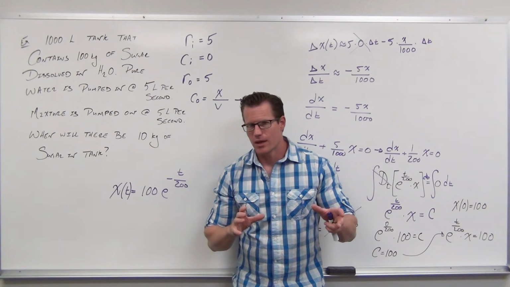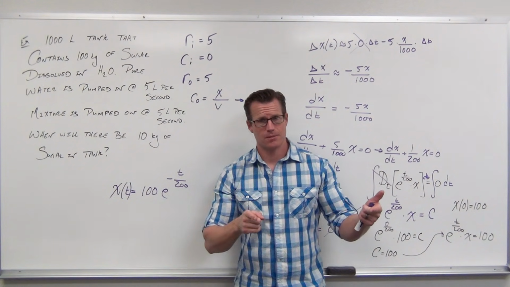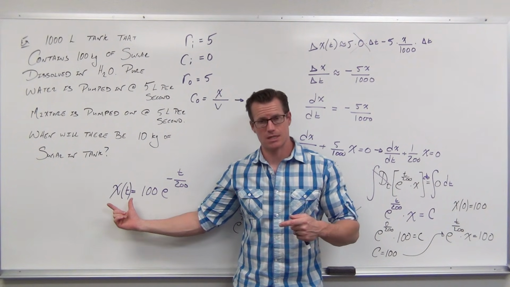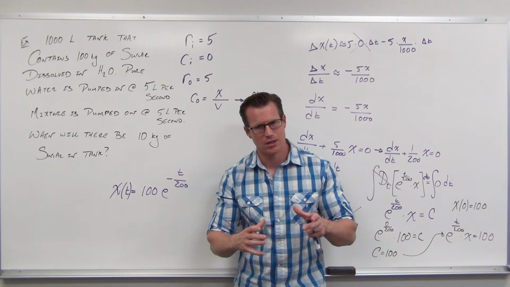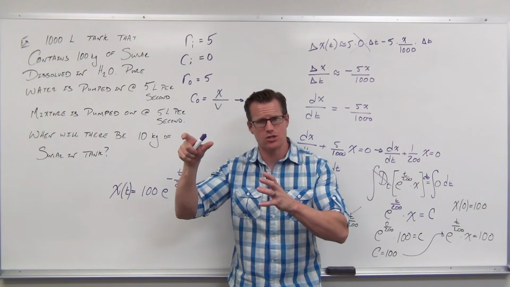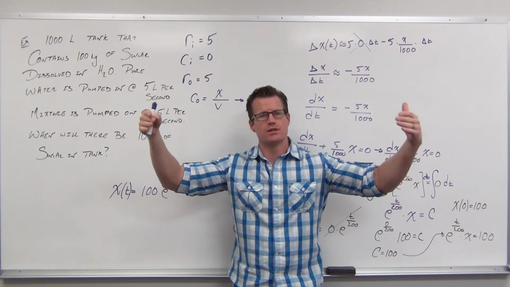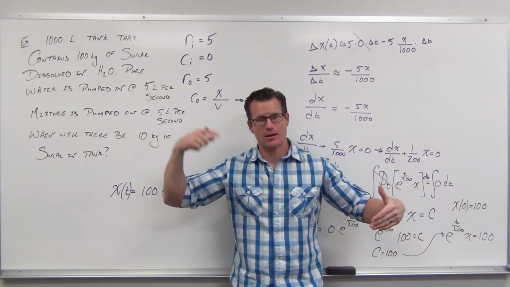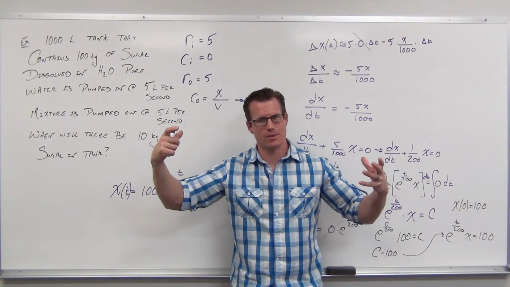Do you see the interplay between how our sugar's changing and the amount of sugar in the tank? So how is the sugar changing? That's a differential equation. It says how the amount of sugar is changing is out minus in, no problem. When I solve the differential equation, it's giving me the solution for how much sugar is actually in there for a given amount of time.